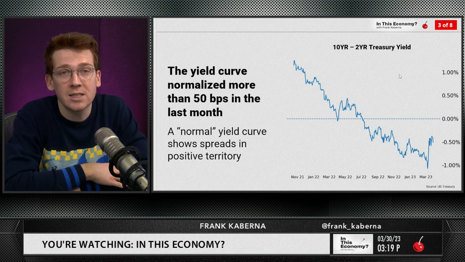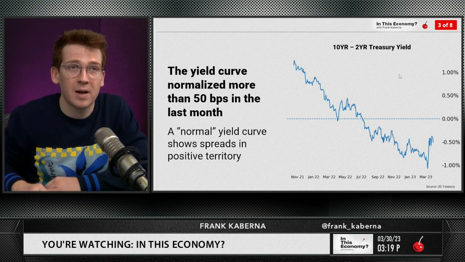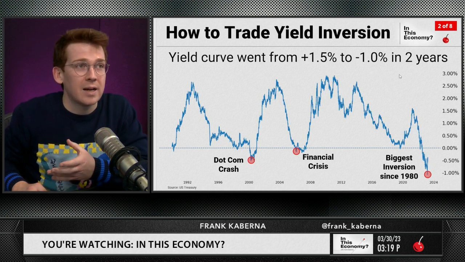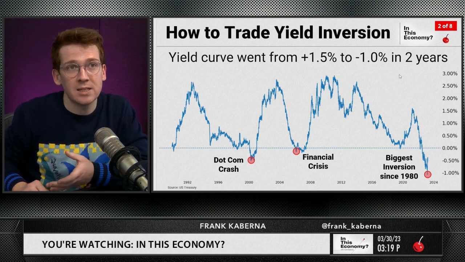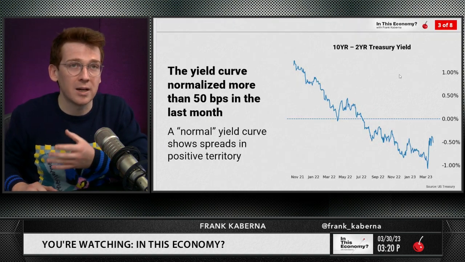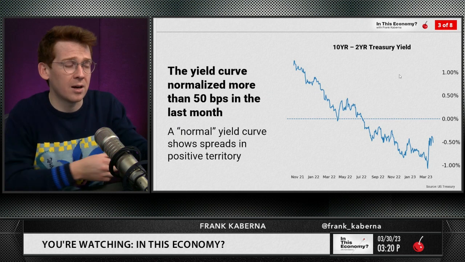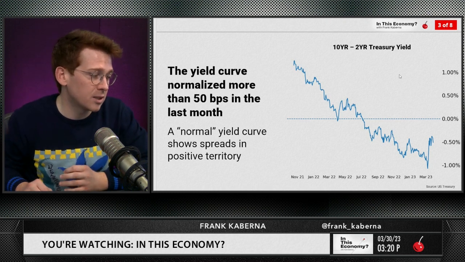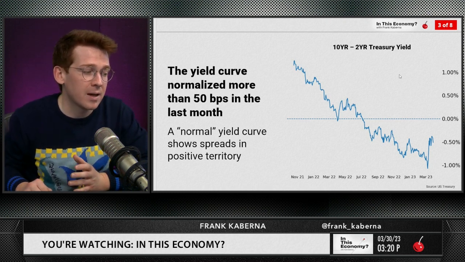And this is still quite the extreme. I mean, you go back to my longer term chart, and 50 basis points of inversion is the most inverted that we've been in the last 30 years plus. And we're still there. We're not at the low, so to speak. We could get back down to those lows, but we are still at a historical extreme.